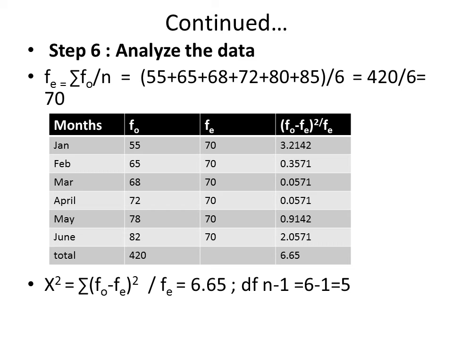Now why this degree of freedom n minus 1? Because we do not have C parameters estimated in this case. We have only K minus 1. K is equal to n, the number of months, the number of data available. So the degree of freedom is equal to n minus 1, which is equal to 5.